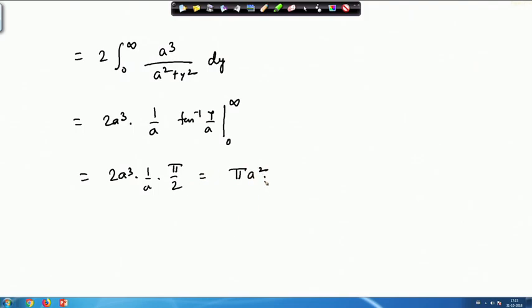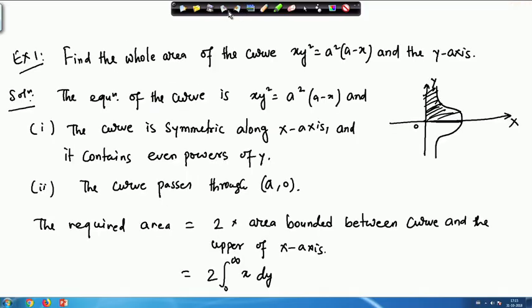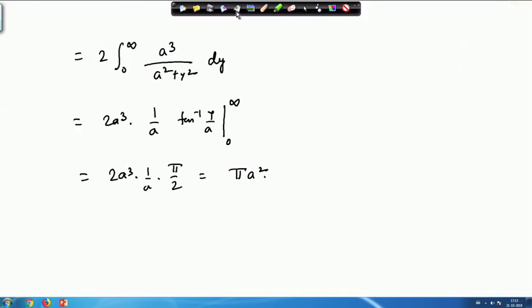This is the required area bounded by this curve, with this point as a, 0. To calculate that, we just calculate the upper half and multiply it by 2, because this curve is symmetric along the x axis. So this is another example where we calculated the area of a plane region bounded between two curves.